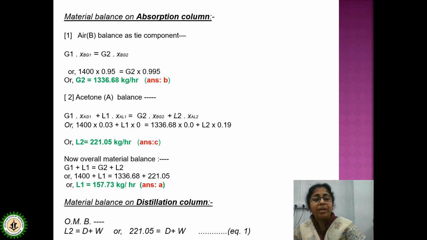Next we can go for the material balance on the distillation column. First, we write the overall material balance: L2, which is the feed stream for the distillation column, equals D plus W, the distillate amount plus the bottom product amount. L2 is already evaluated in the previous calculation, so we can put in the value of L2. Only D and W are left for calculation. This is equation 1.